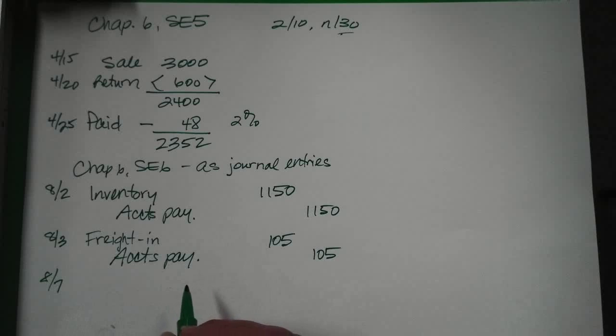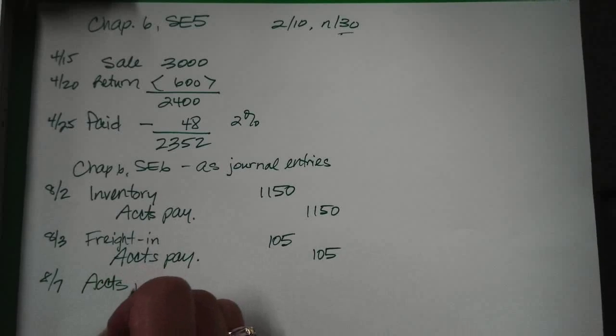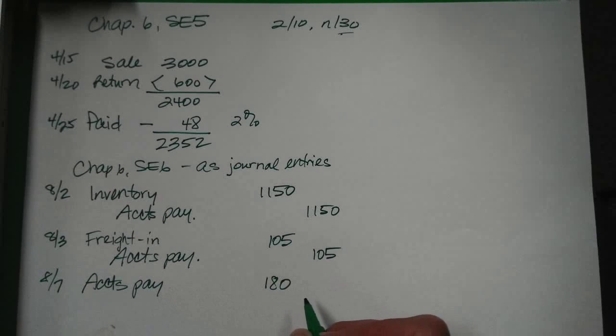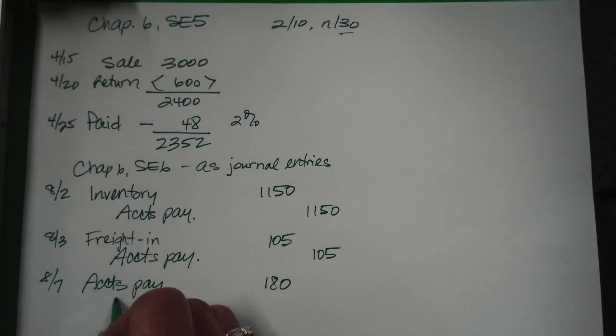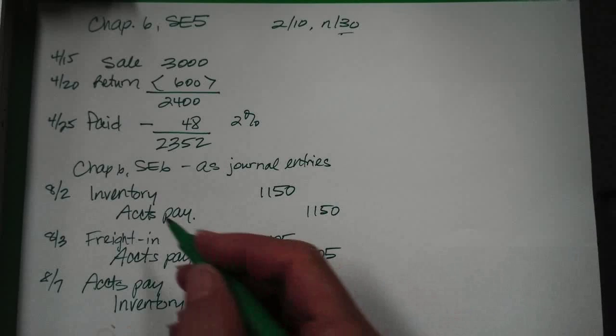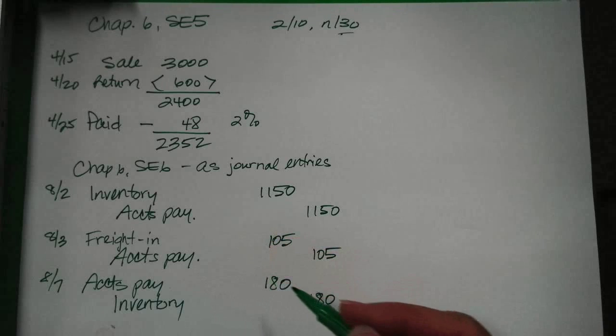We're not going to pay for them, so the first thing we need to do is debit accounts payable for the $180 that we want to return, $180 worth of goods. We will not pay that to the company, so we need to reduce accounts payable, and then we will directly reduce inventory, which is different than the periodic method.